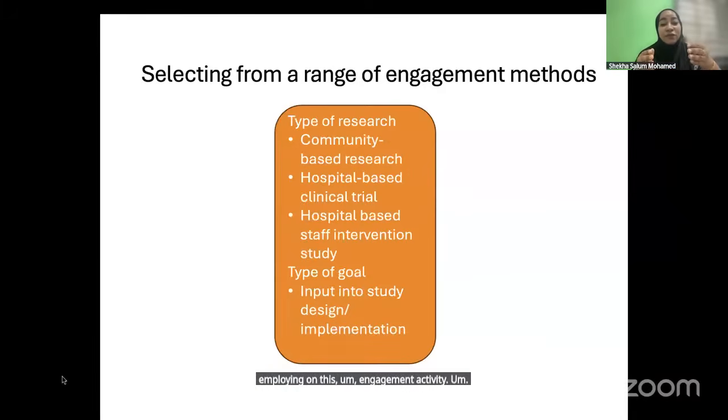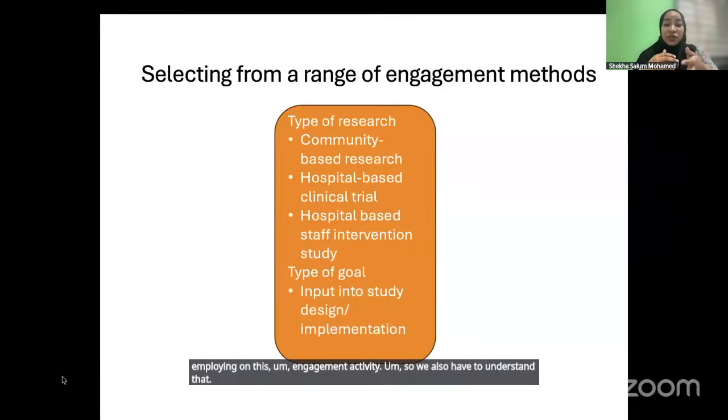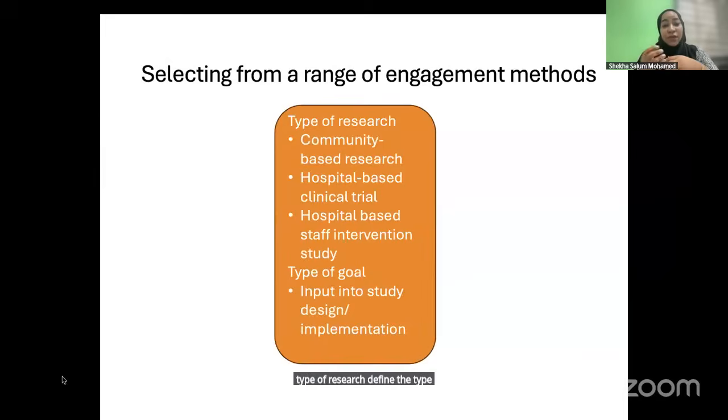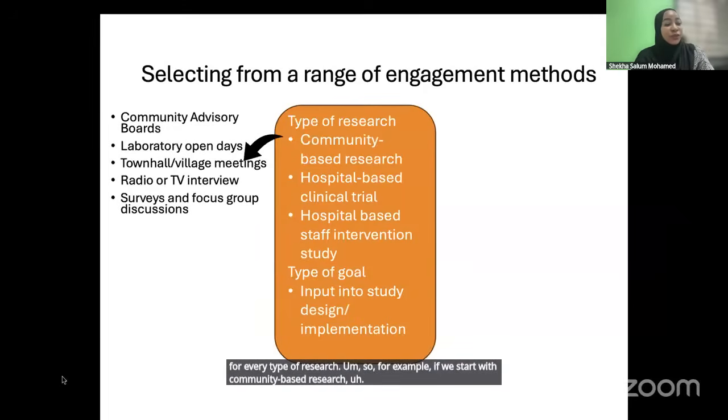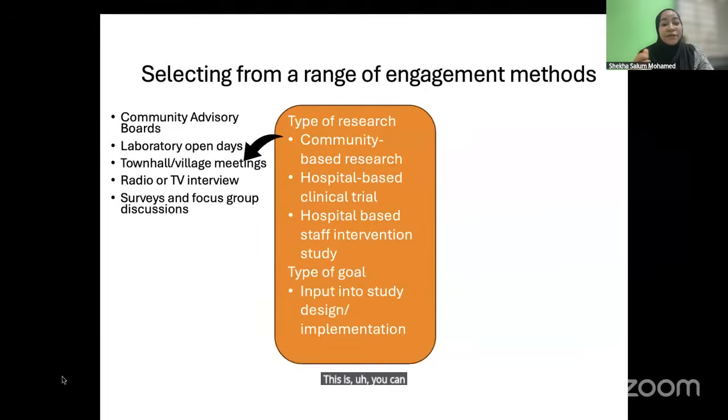We also have to understand that the type of research defines the type of method, because not all methods are fit for every type of research. For example, if we start with community-based research, you can initiate a community advisory board, you can do laboratory open days, you can do town hall or village meetings, you can do surveys and focus group discussions.